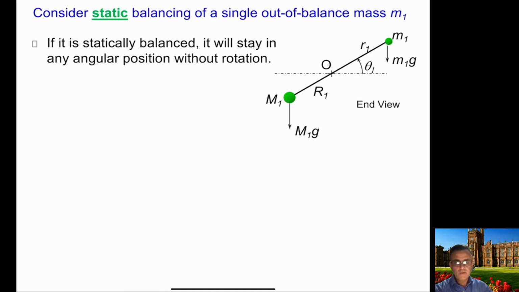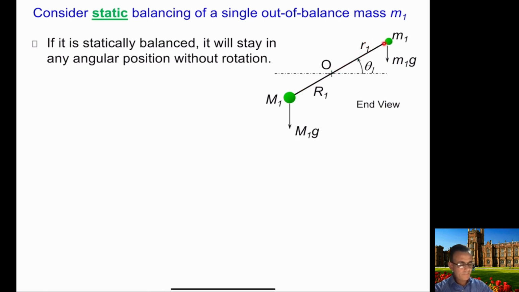Okay, so now if we just consider the same system, we have this M1, which was the out of balance mass, and this capital M was the balancing mass here. Capital R1 was the distance of the balancing mass, and small r1 was the distance of the out of balance mass here.